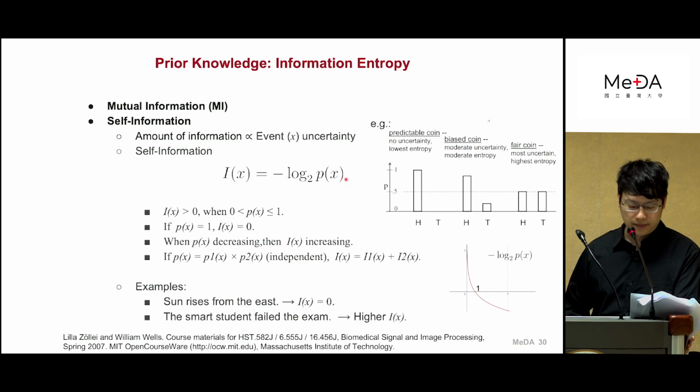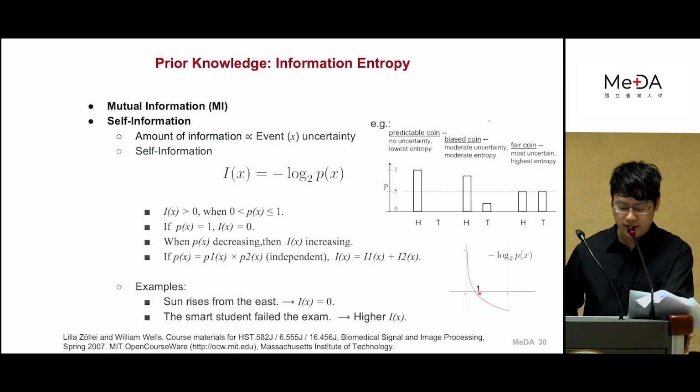In the graph here, we can observe that I of X, which is the self-information, is larger than 0 when the P of X is between 0 and 1. And when P of X equals 1, then the I of X equals 0, representing the lowest uncertainty.